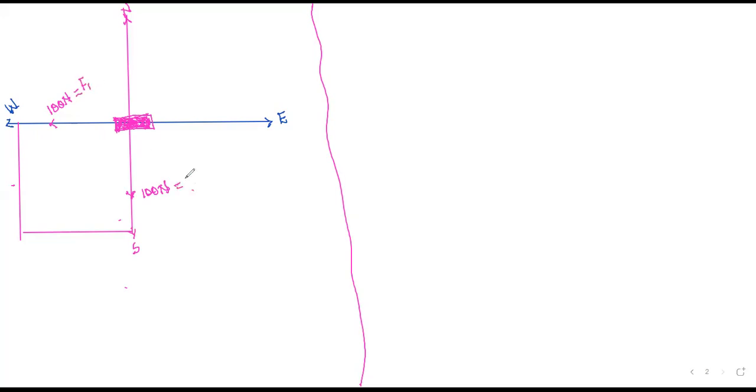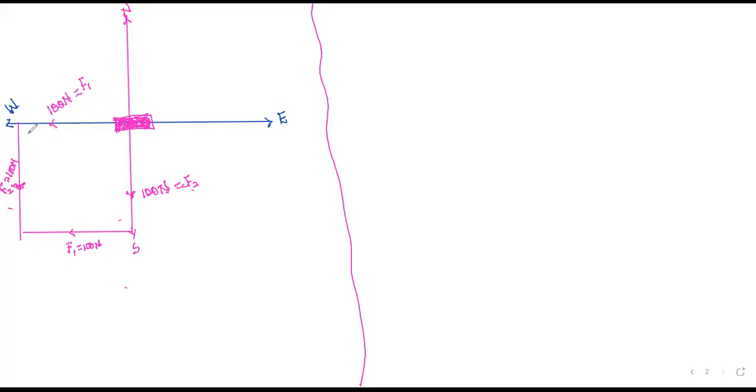Let's call this F2. Then this must also have the same direction as F1. After doing this, you can call this also F1 of magnitude 100 Newton. You can also call this F2, also of magnitude 100.